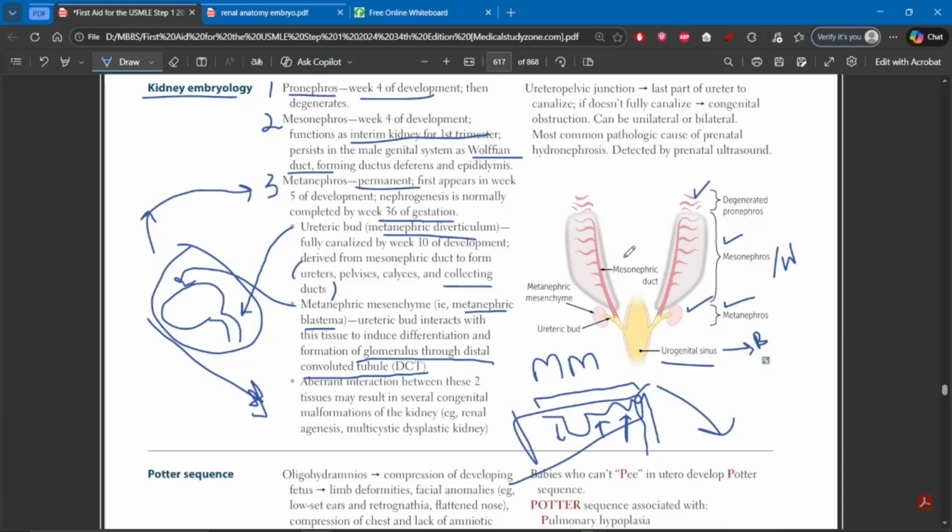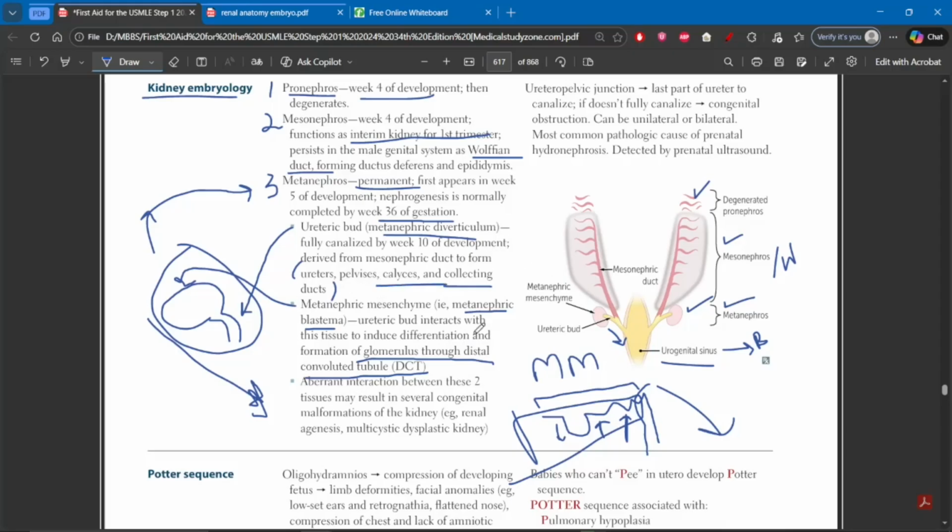This is an easy way for you to remember which structures form what. So you don't need to memorize this. Just put a picture in your brain that the structure that is coming before, such as the metanephric mesenchyme, forms the structures that come first, such as the glomerulus, the loop of Henle and the distal convoluted tubule, and the ureteric bud, which is the metanephric diverticulum, is going towards the bladder, so it will form structures nearest to the bladder, such as the collecting duct, the ureters, the pelvises and the calyces.